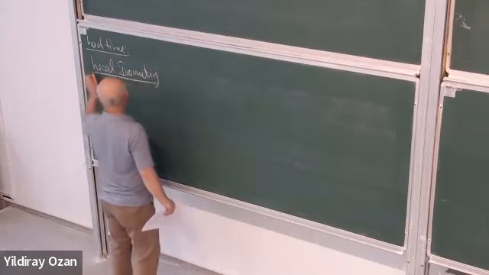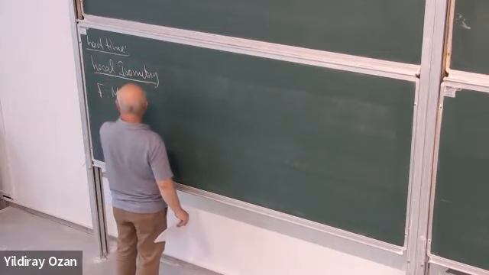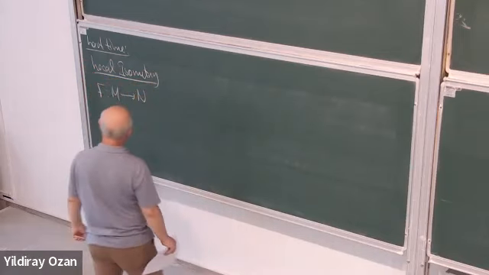A local isometry is a function from a surface to another surface.